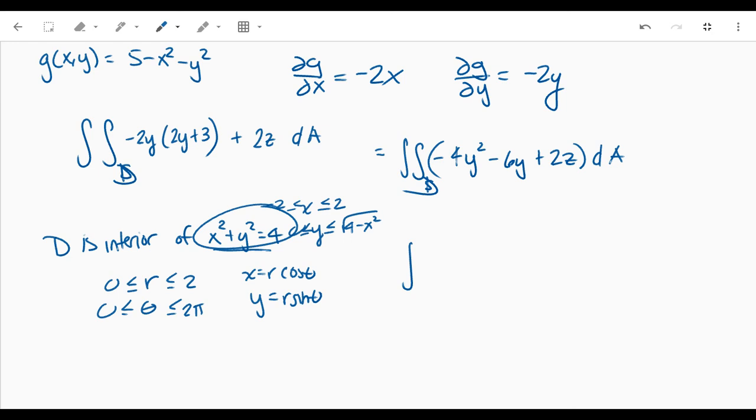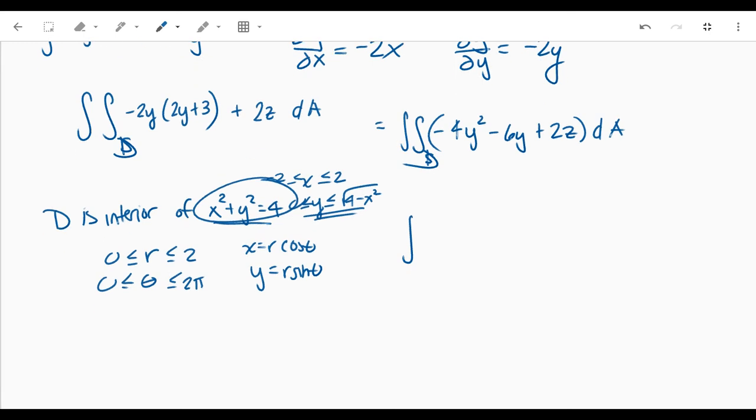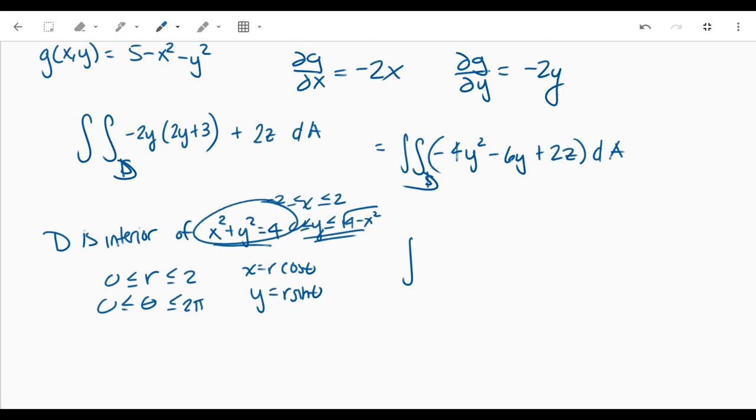It might not end up being that bad. So I would challenge you to try it staying in rectangular. I can set that up for you in a second too and show you what that would look like. We would do the integral from 0 to 2, integral from 0 to 2 pi of negative 4 r squared sine squared theta.